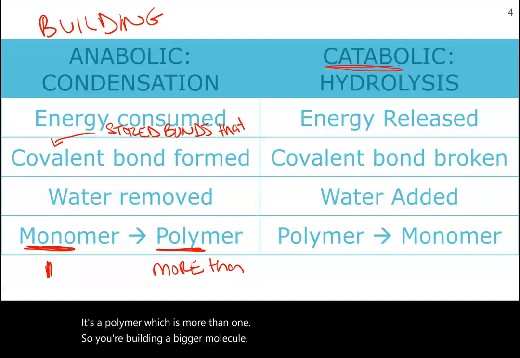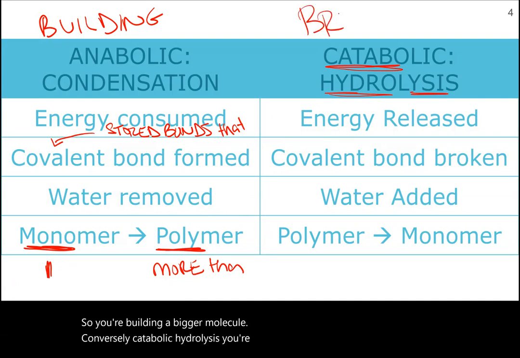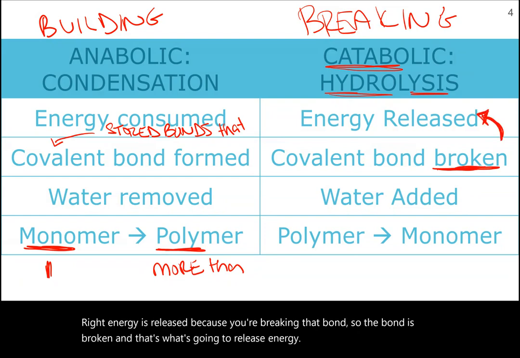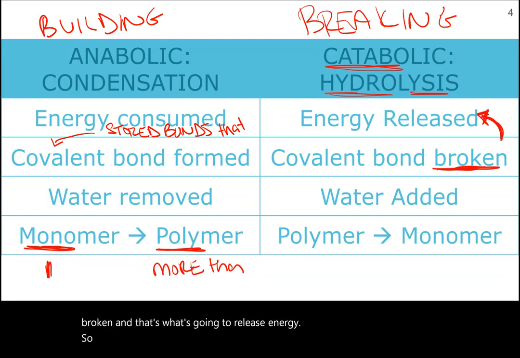Conversely, catabolic, hydrolysis, you're breaking things down. Right? Energy is released because you're breaking that bond. So the bond is broken, and that's what's going to release energy. So think of things like cellular respiration, right?